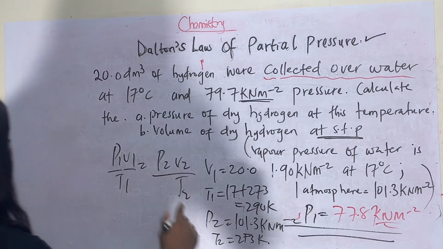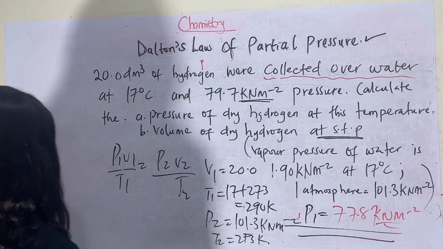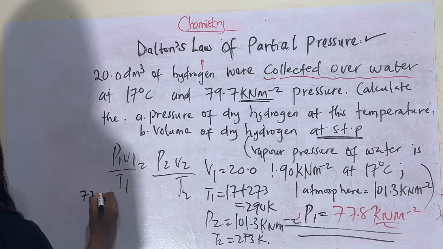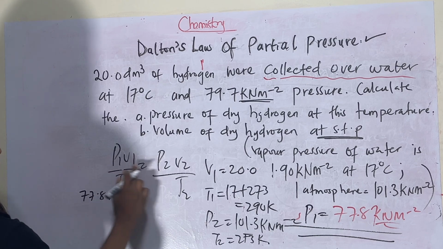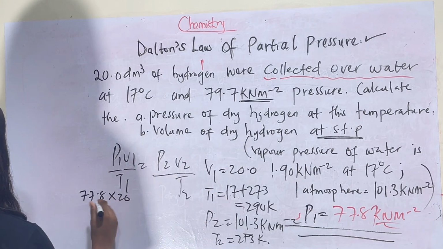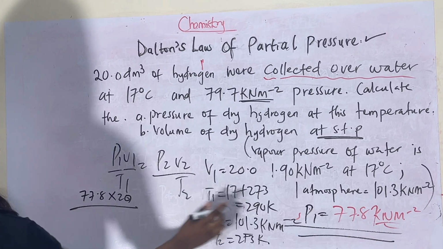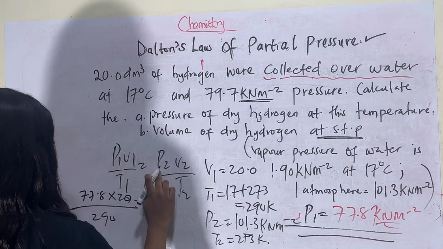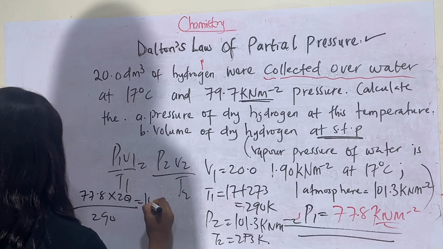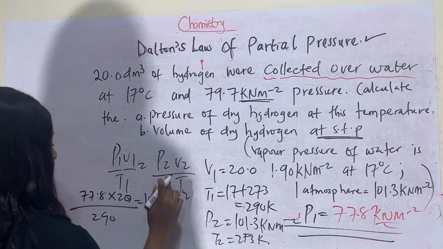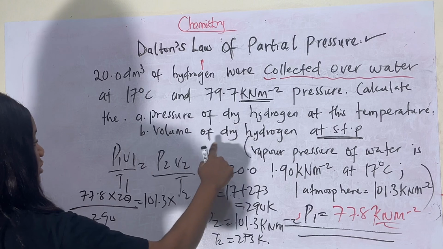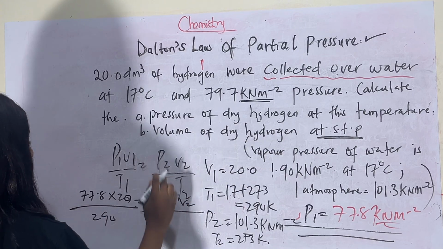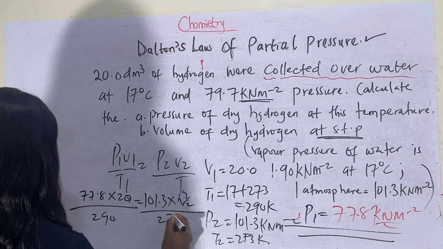My P1 is 77.8, V1 is 20, and T1 is 290, equal to P2, which is 101.3, times V2, my unknown, the volume of dry hydrogen gas, over my T2, which is 273.